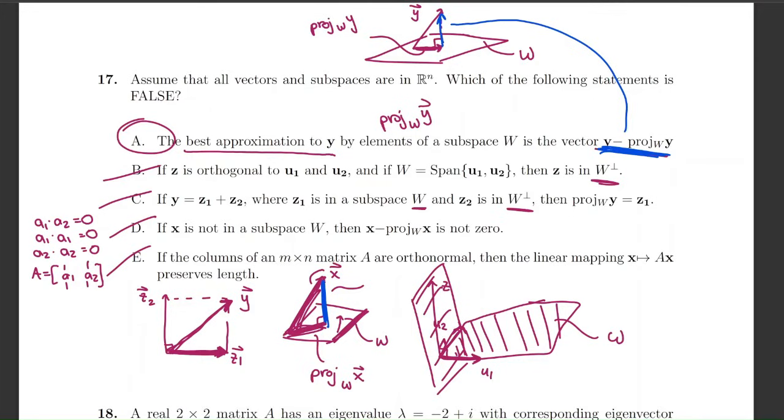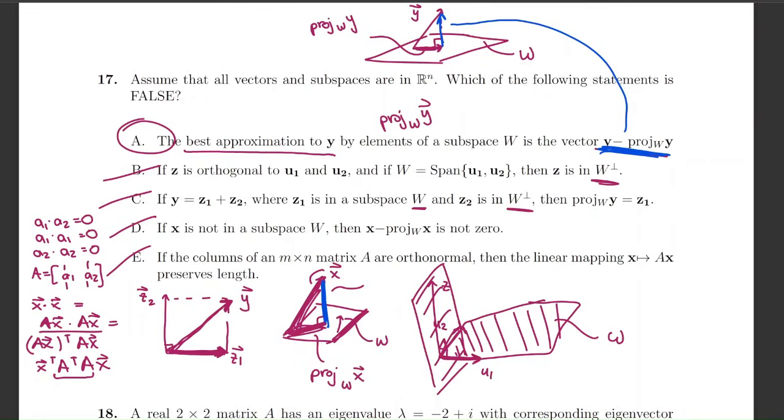So when we map from x to Ax to check if length is preserved, we would want to check if x dot x equals Ax dot Ax. And to check this, we do some fancy manipulation where we have Ax transpose times Ax is equal to this. And we get x transpose times A transpose times Ax.